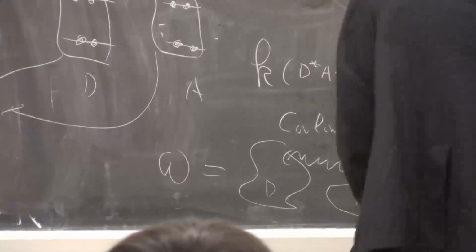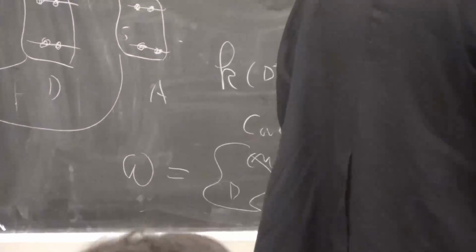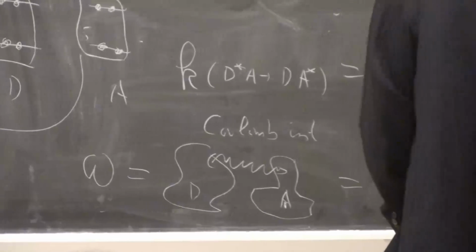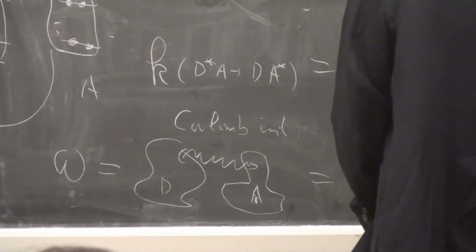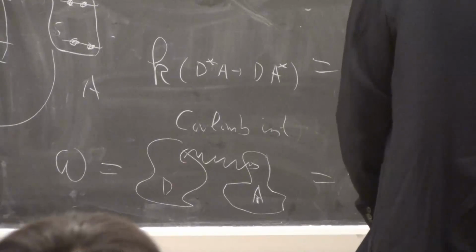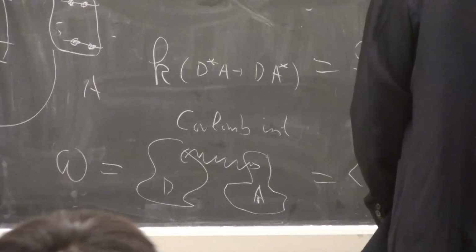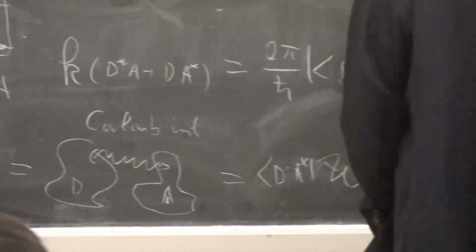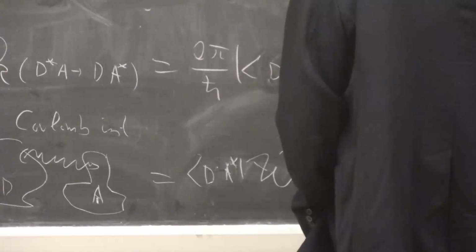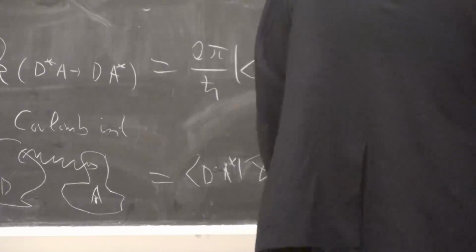So we found that this one was equal to, and then we had DD times DA times, so this one we just write the absolute values of those quantities.